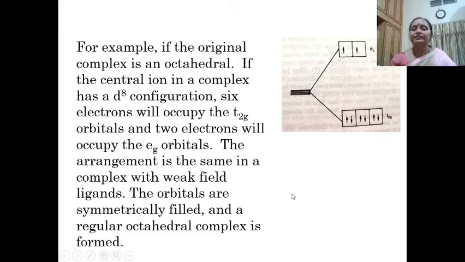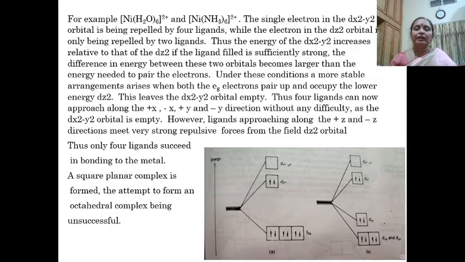This arrangement is the same as in the case of a weak field, because here the electrons are not paired up. The orbitals are symmetrically filled and a regular octahedral complex is formed. Now, what happens if it is a d8 configuration?